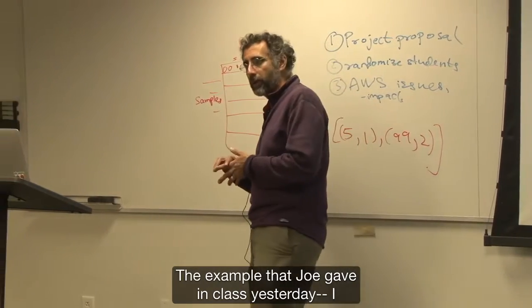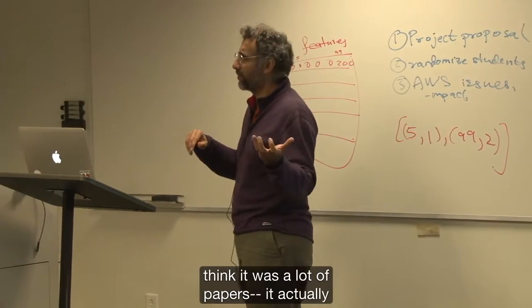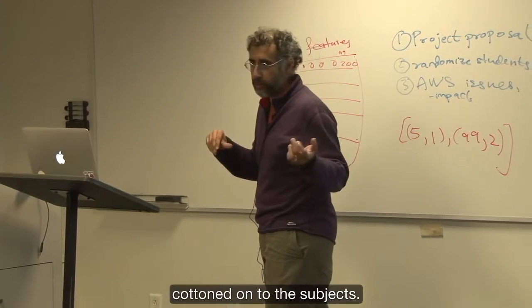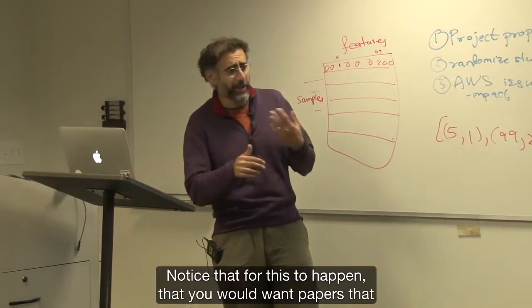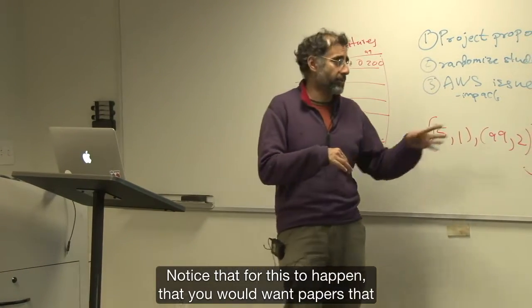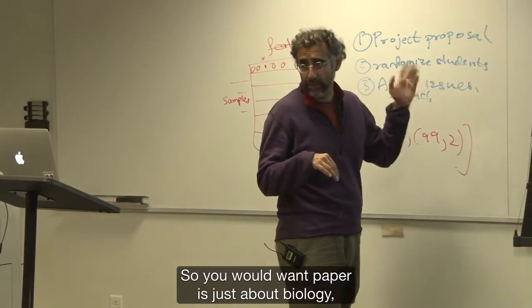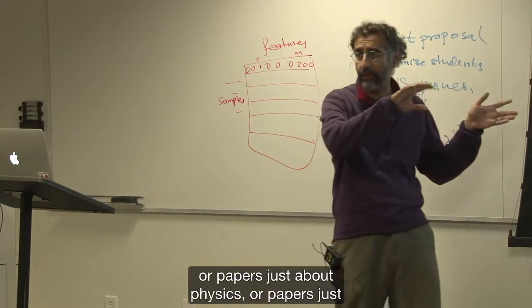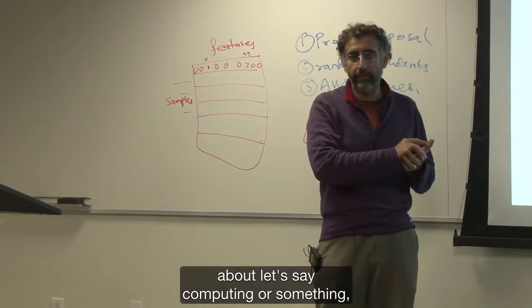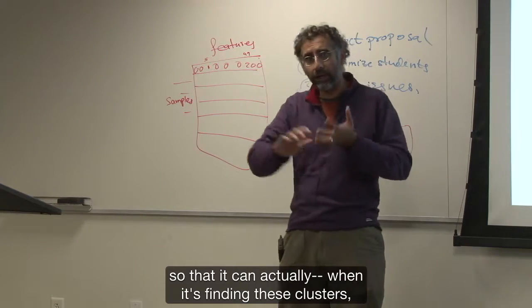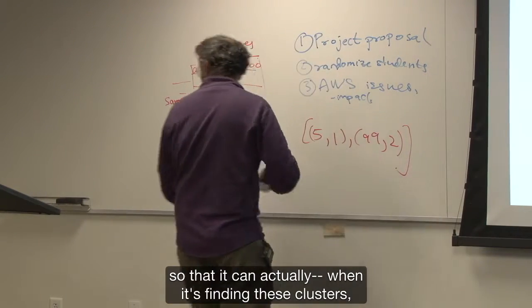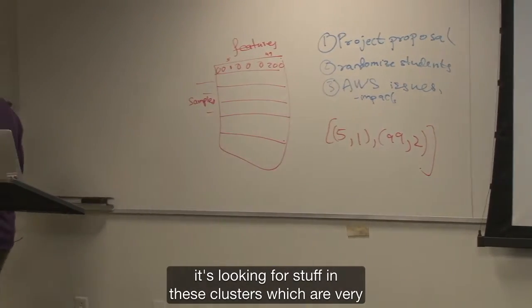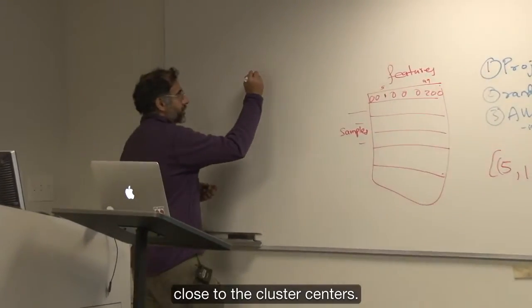In the example that Joe gave in class, I think it was a lot of papers, and it actually cottoned onto the subjects. Notice that for this to happen, you would want papers which are only about one subject, just about biology, or just about physics, or just about computing, so that when it's finding these clusters, it's looking for stuff which is very close to the cluster centers.